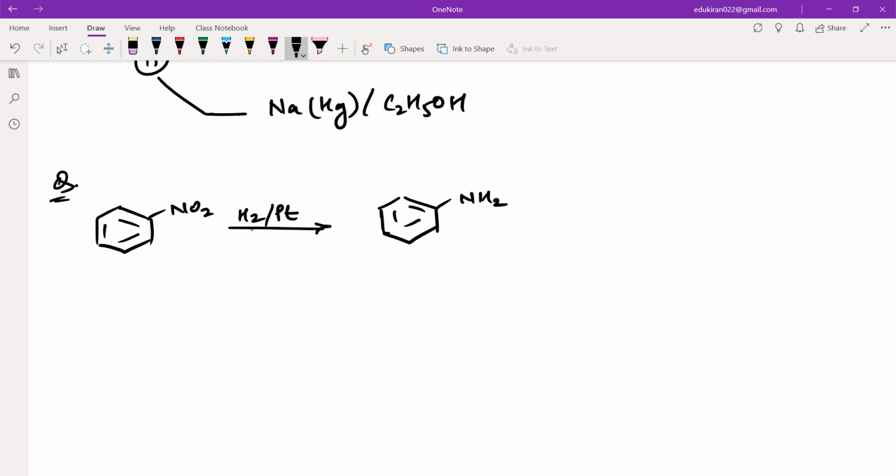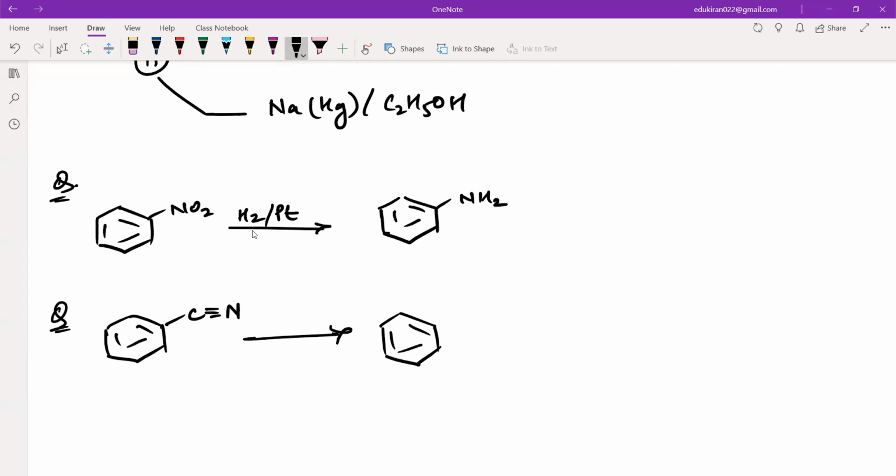Then furthermore, you can have a benzene group with C triple bond N. Now, in this, you are not going to get aniline. You are going to get CH2NH2. This is not aniline because NH2 is not directly attached to the benzene carbon.